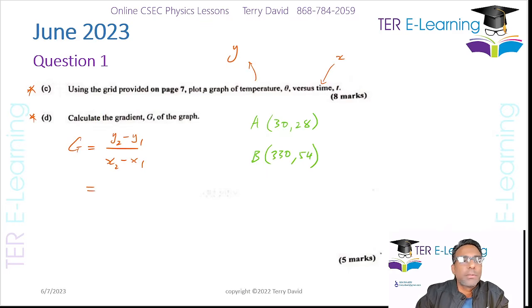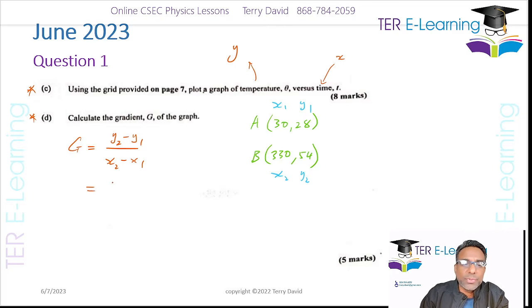What I normally tell my students to do is always label this. So you're going to label this as x1, y1, and this as x2, y2, right? Now it's just a matter of substituting into your formula for gradient.